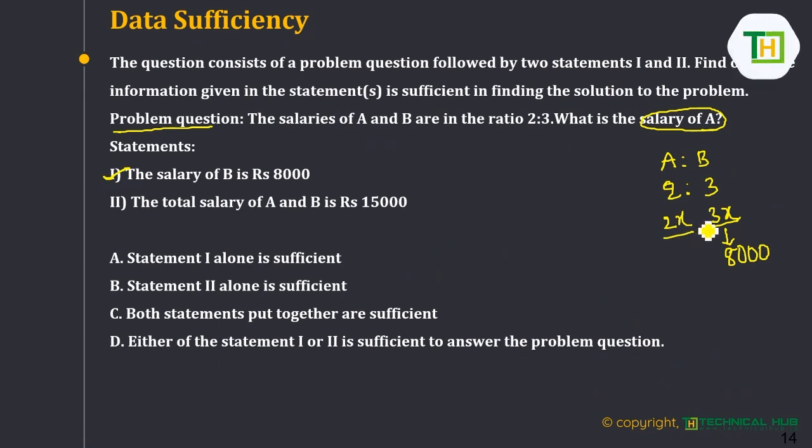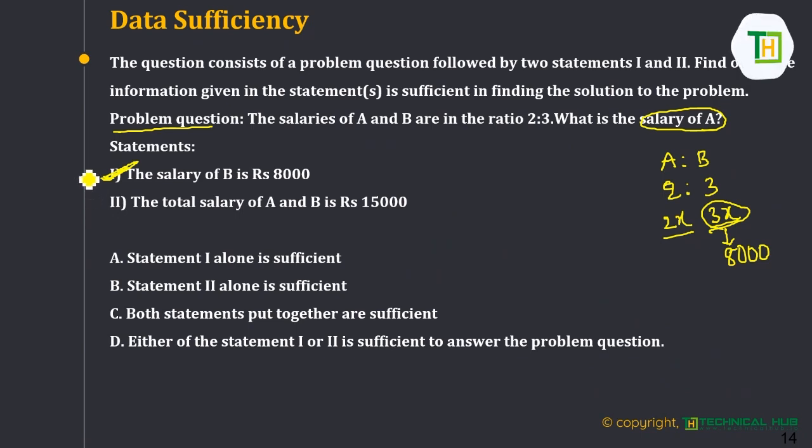Yes, I can find it, since I know the value of 3x. We don't want the actual value. Can I find the value of 2x or not? Yes, I can. So using statement 1 alone, I can find the answer. Statement 1 alone is sufficient.